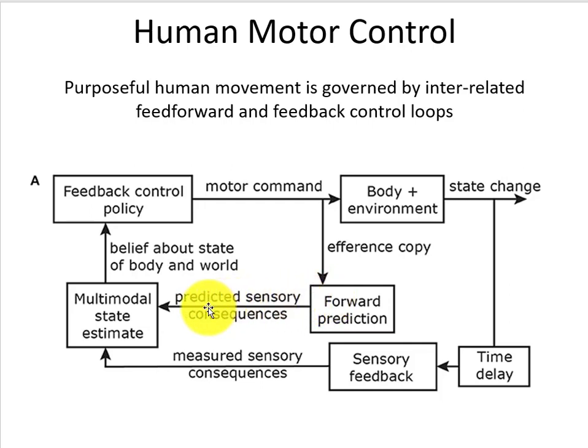We use this information from both the predicted and the measured, and we get the difference between them. We use that to feed back into this multimodal state estimate again. So that we can change the movement if our predicted sensory consequences and the measured sensory consequences aren't the same.